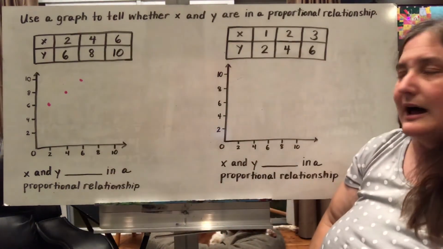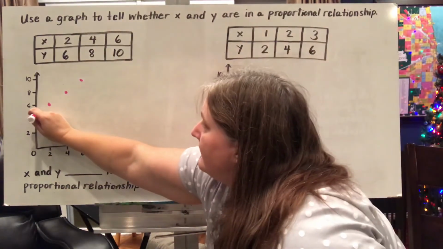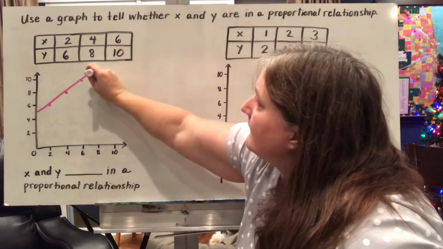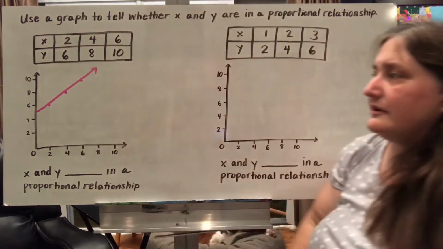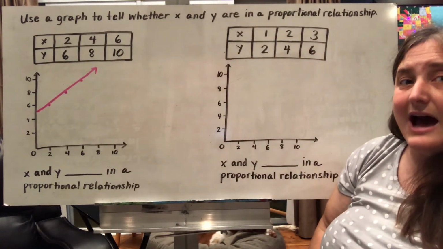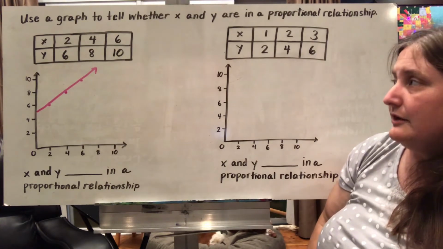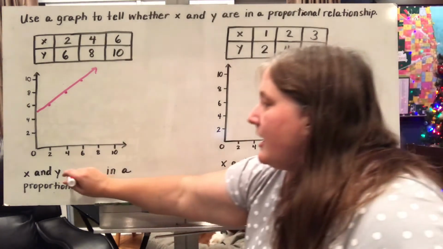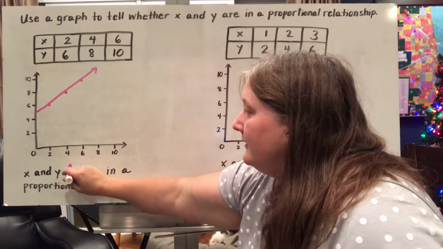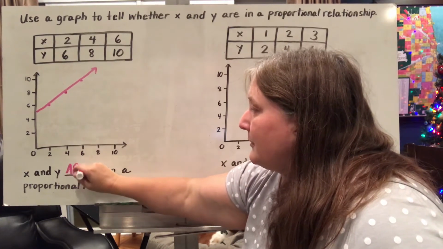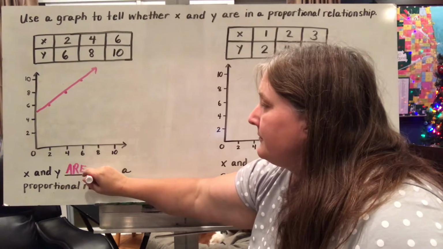If I draw a line connecting these points, I notice that while it is a line, it does not go through the origin. It does not go through point 0, 0. So in this case, x and y are not in a proportional relationship.